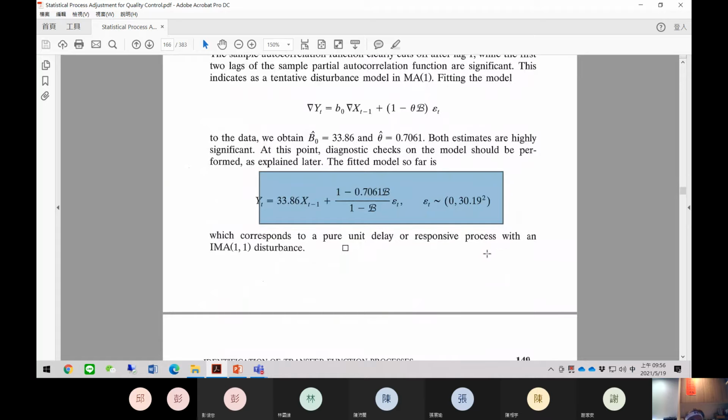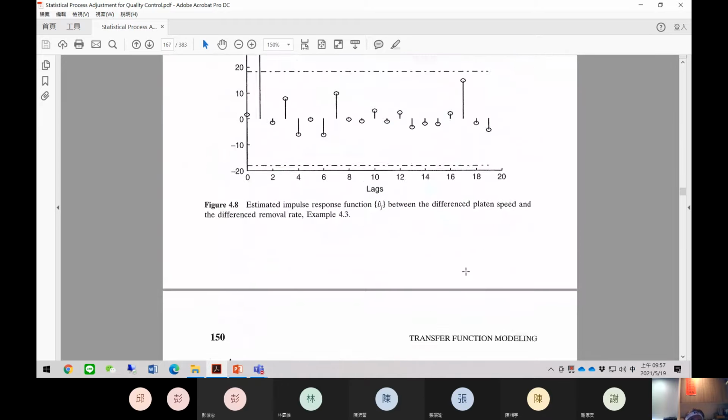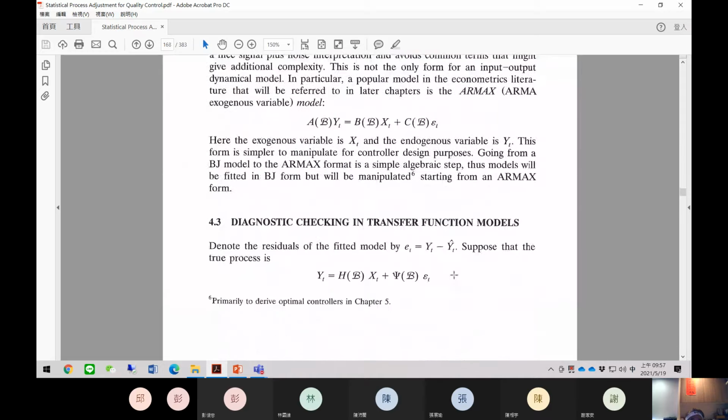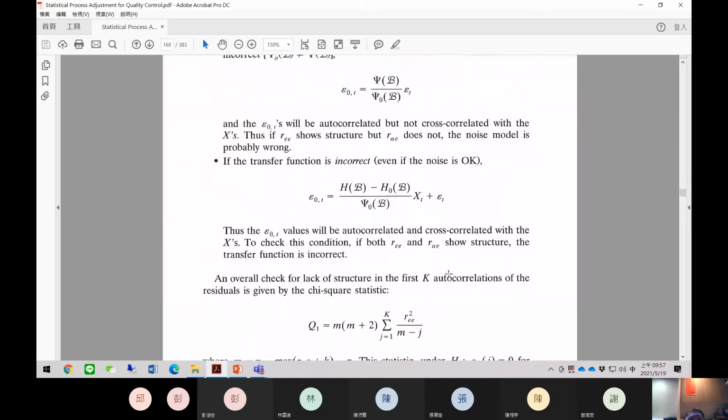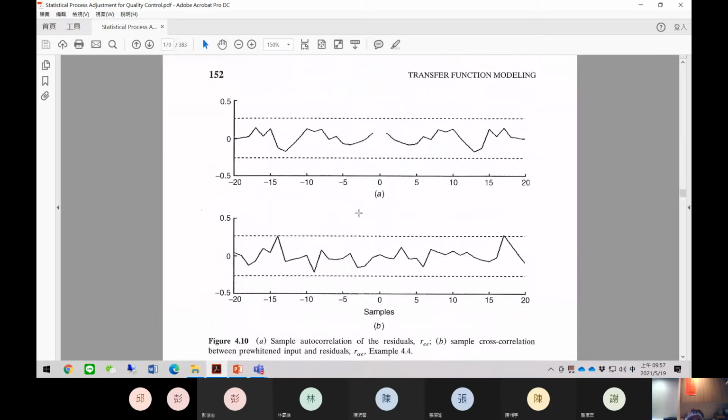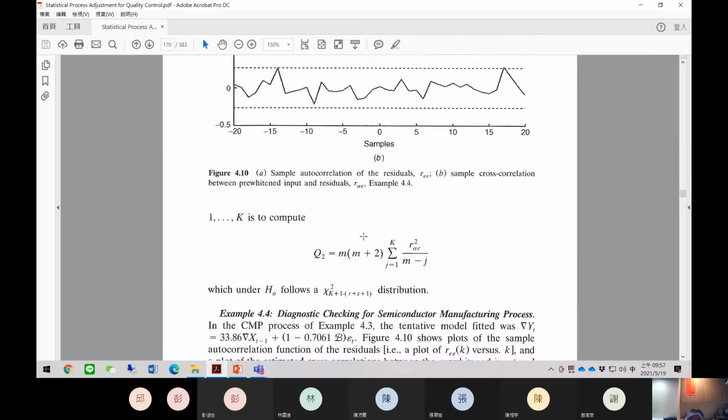The model provides a quite good fit to the data, based upon the observation of r_εε and r_αε, the observation of these two plots.